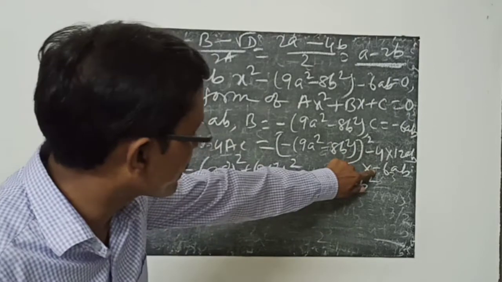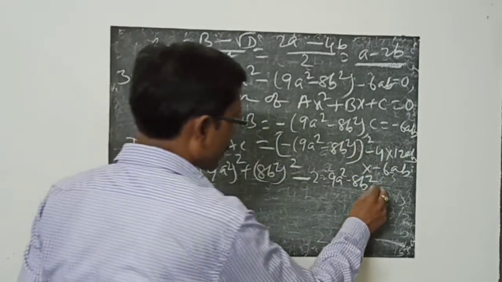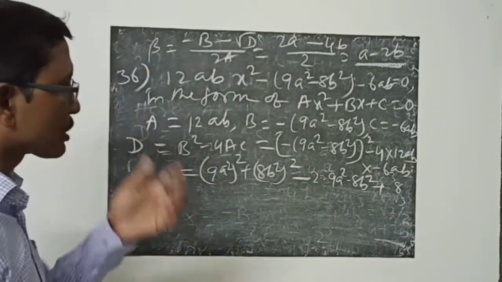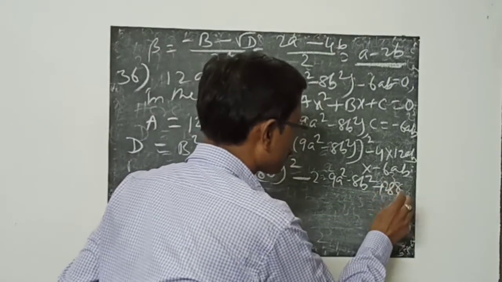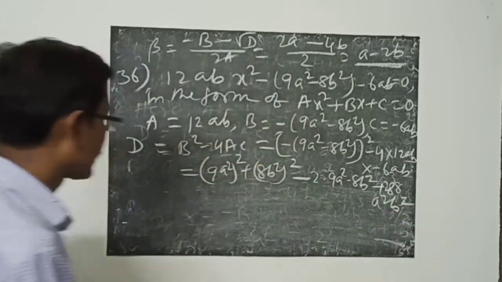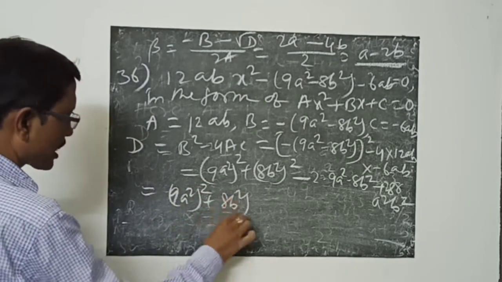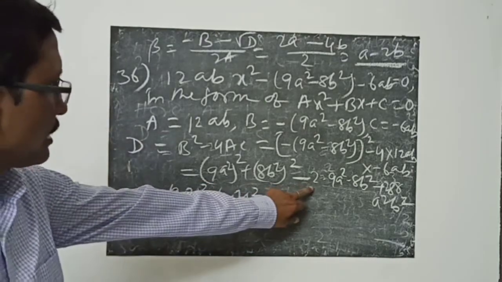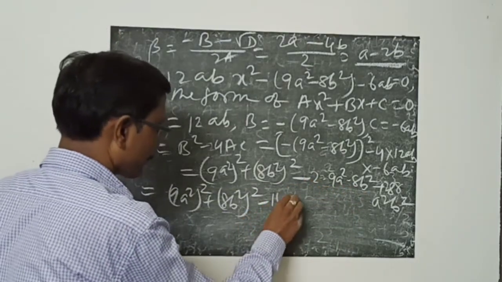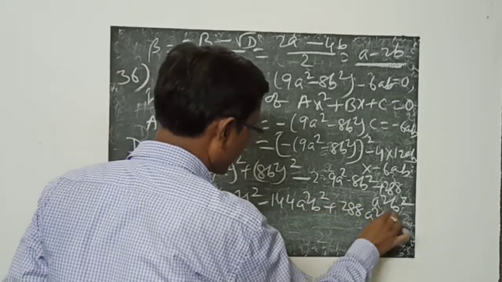And here it will be minus minus plus, 4 into 6 is 24, 24 into 12 is 288, ab into ab is a square b square. So ultimately, 9a square whole square plus 8b square whole square minus 2 into 9 is 18, into 8 is 144 a square b square, and plus 288 a square b square.